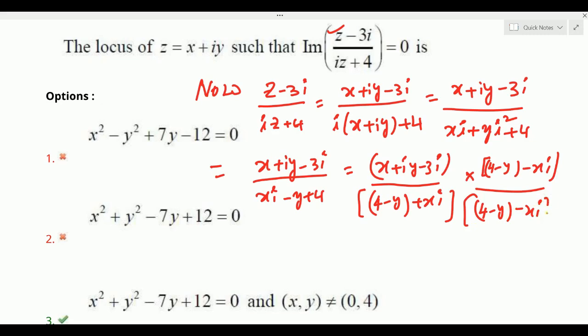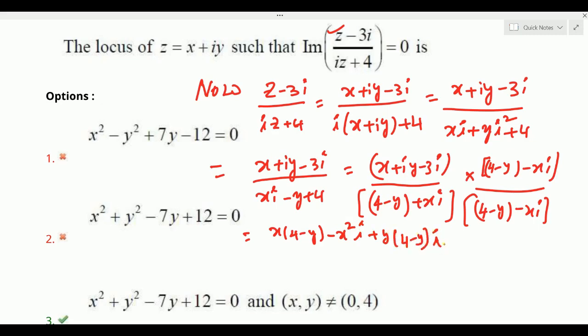So we can understand the expansion of the numerator. X into 4 minus y, that is the first term. Then minus x into x square i. Now expanding the numerator further, plus y into 4 minus y into i.